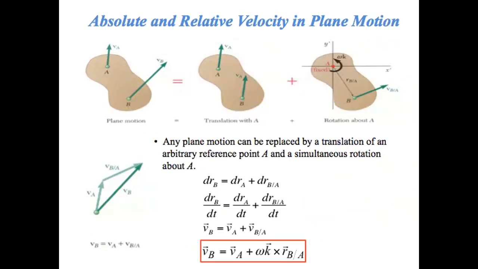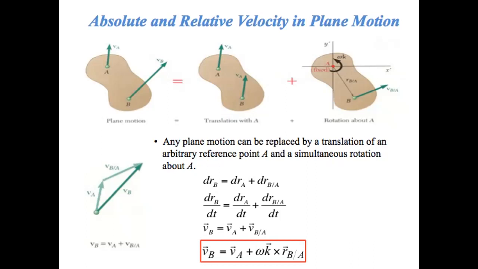It says that the absolute velocity of particle B is equal to the absolute velocity of particle A plus the relative velocity of B with respect to A. As you can tell, the velocity of particle B has two contributions. V_A represents the contribution from the first step of the motion, that is translation, and V_B/A represents the contribution from the second step of the motion, that is rotation.